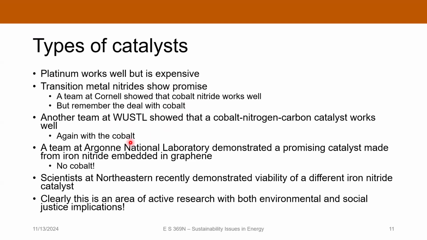There are some problems there, but there are some other groups that are looking at iron-based catalysts and that sort of thing. So obviously this is an area of active research, and it's where a lot of effort is going right now, on this and other parts of fuel cells.